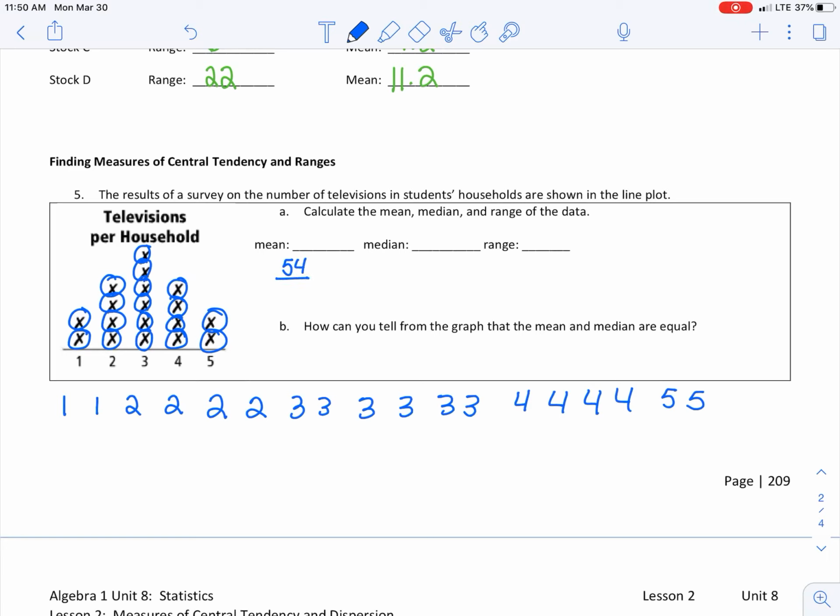We have to divide that by the number of data points we have. So we have 1, 2, 3, 4, 5, 6, 7, 8, 9, 10, 11, 12, 13, 14, 15, 16, 17, 18. So we're going to take that 54 and we're going to divide it by the number 18. And we get a mean of 3. So that means on average, there's 3 televisions in a student's household.